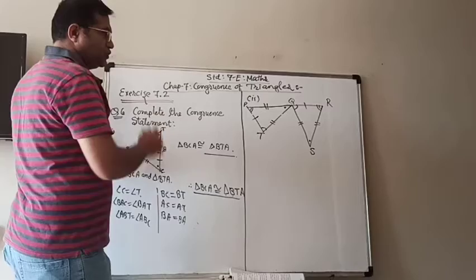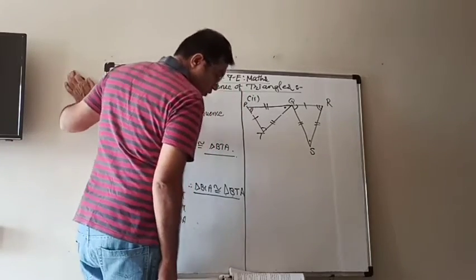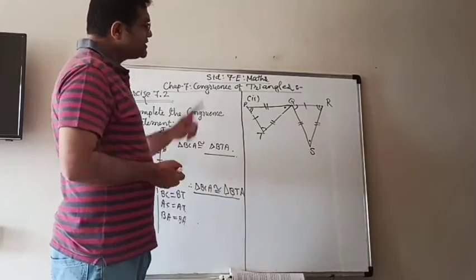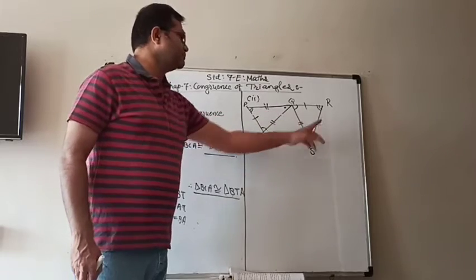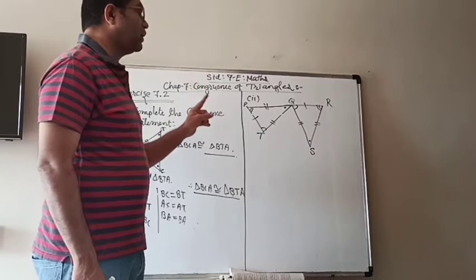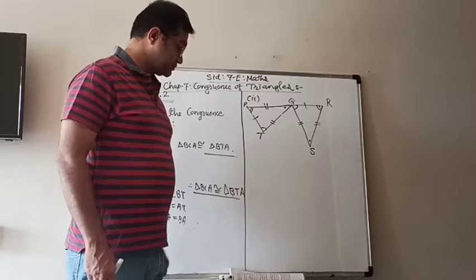So here we have to check the markings. Here you will see that all these four sides are equal. So we have to look more at the angles.